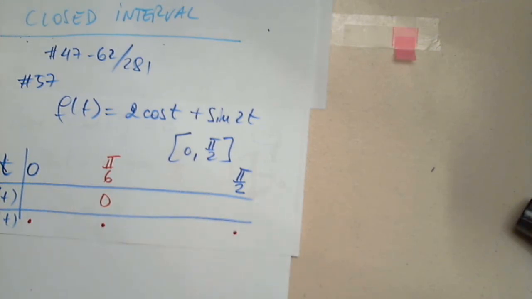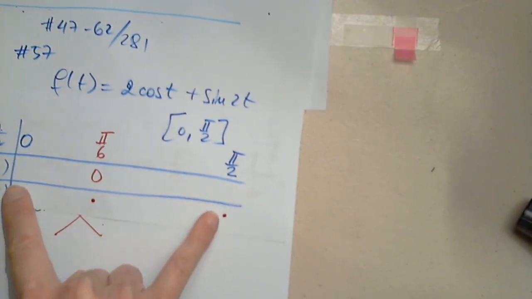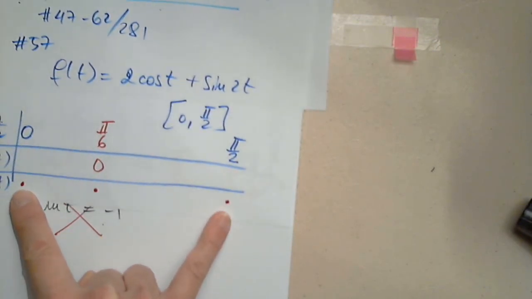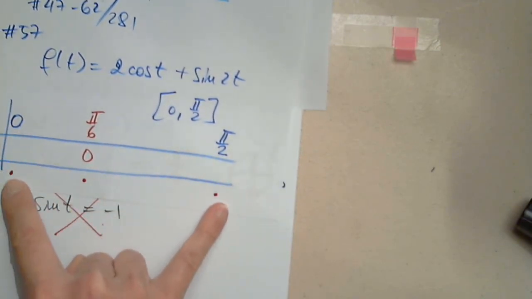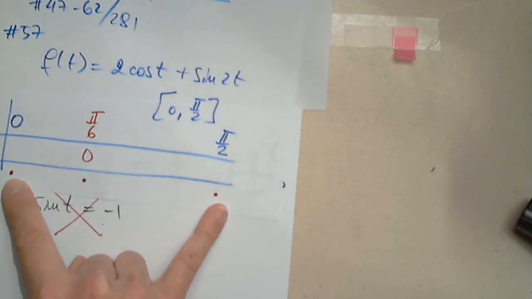Okay, if I want to continue, I have to determine these three values. So when we study a function on a closed interval, we have to determine the function values at the endpoints of the interval. That is mandatory. Not the derivative, but the function value at 0 and pi over 2, respectively.